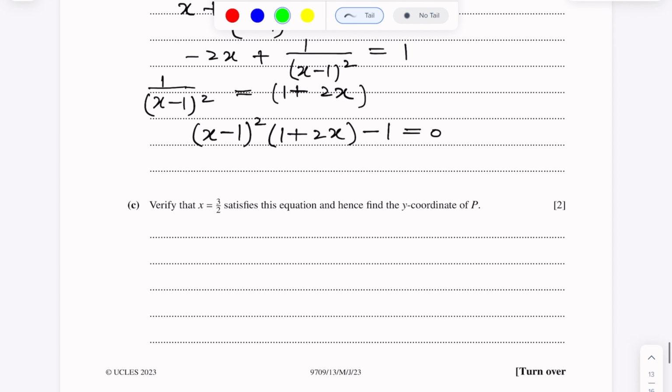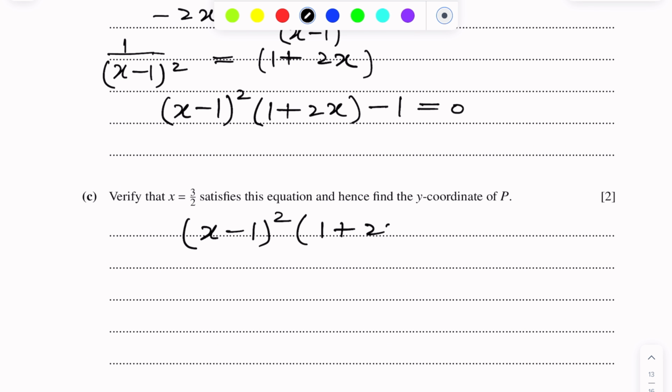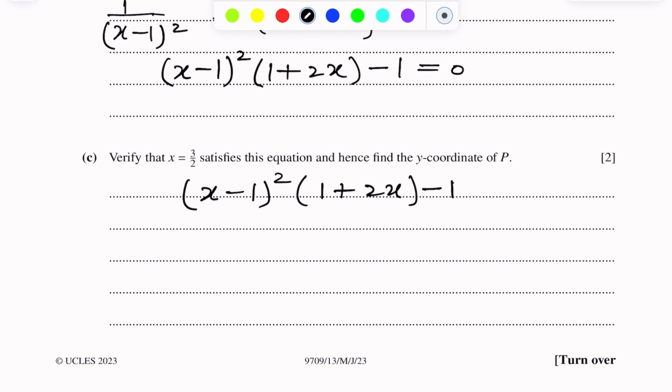Now putting this value of x in the above equation, (x minus 1) square into (1 plus 2x) minus 1. We have to show that when we put x as 3 over 2 in this expression, we get 0 on the right hand side.